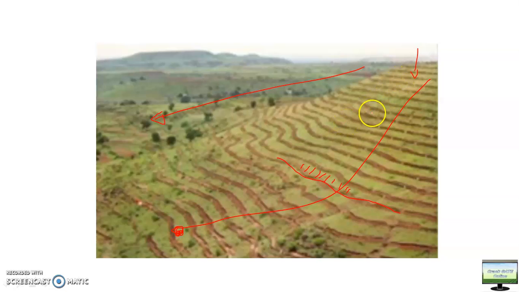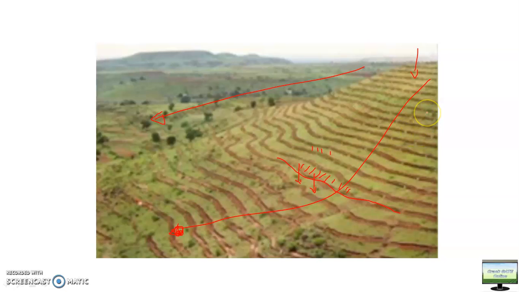The steeper the slope and the less hindrance water has in its path, the more the erosion increases. Once you make this bund, water will be stored in between. Ultimately you are storing this runoff, and if runoff is stored, it will increase your infiltration rate. So this is the function of the bund: it will store your surface runoff, increase the infiltration, and reduce the soil erosion.